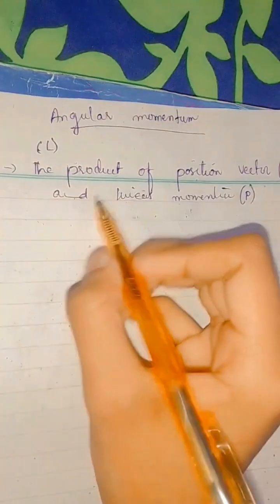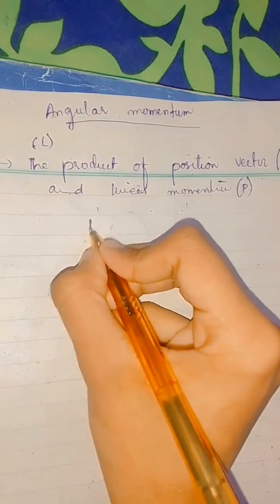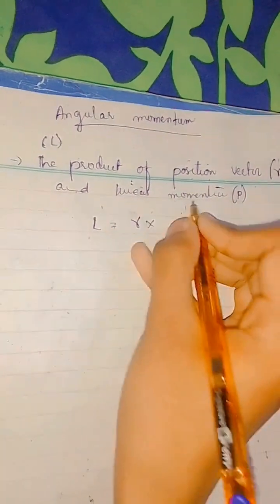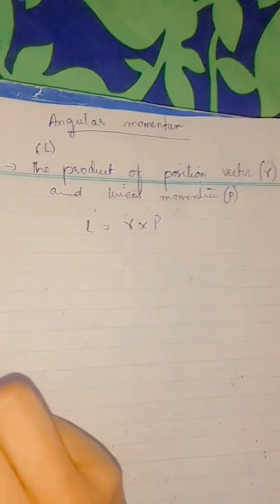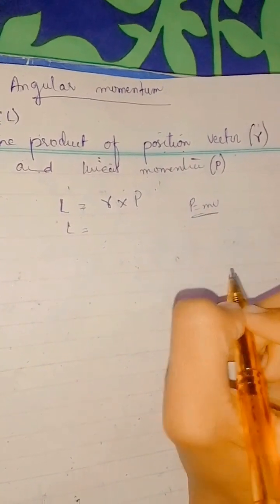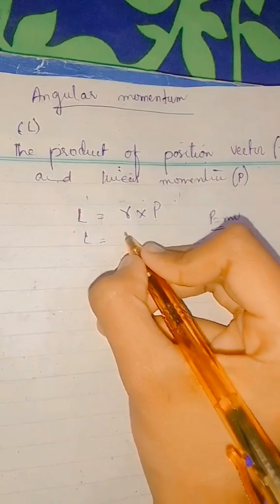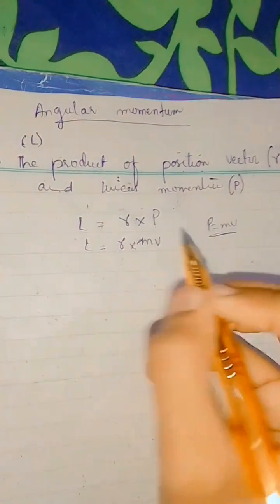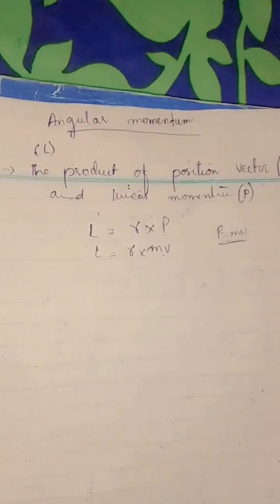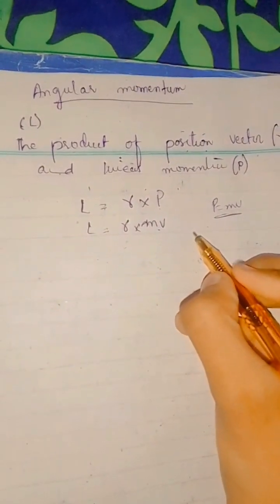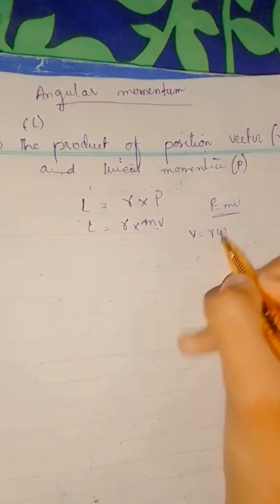If you want to make a formula, angular momentum L is the product of position vector and linear momentum. Momentum p is equal to mv, so we can write r into mv. Now this velocity is a linear velocity, and the relation with angular velocity is v = r omega. So we put its value here: L = r m, and instead of velocity we put r omega.